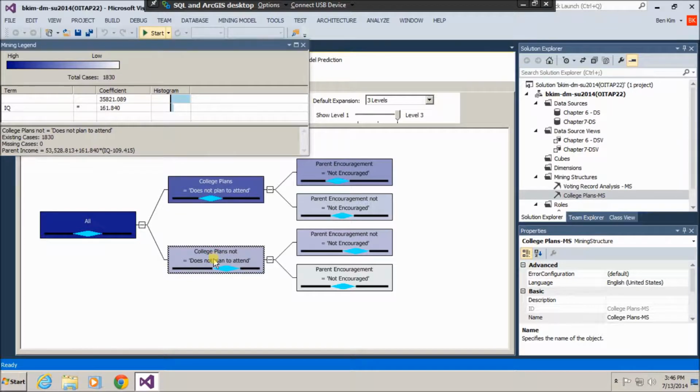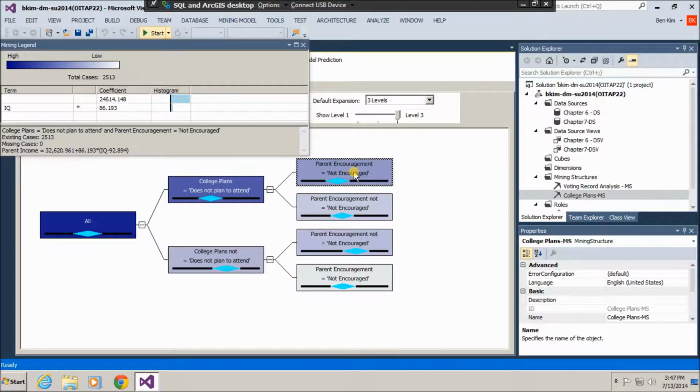If you look at this one for students who do plan to go to college, you can see the different coefficients and slope, like 35,821 and 161.840. So the decision tree algorithm provides a nonlinear regression. Depending on the values of qualitative variables, such as college plan, you can model differently.